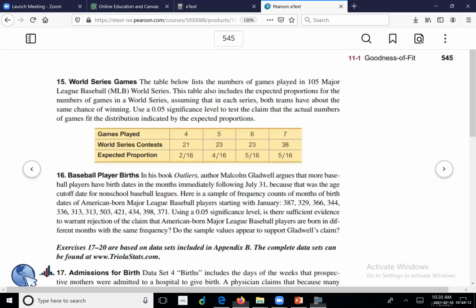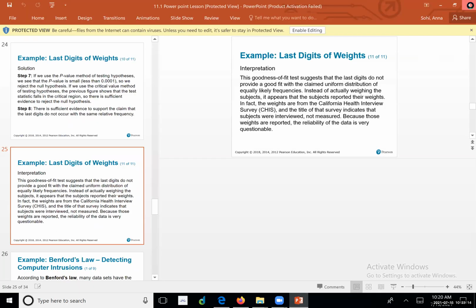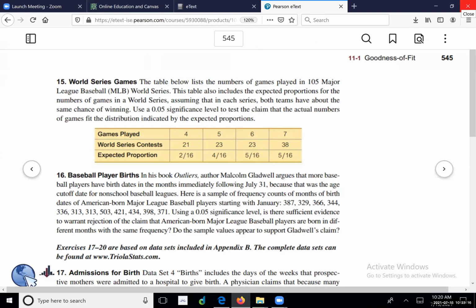So next section, 11.2, is more than one row.